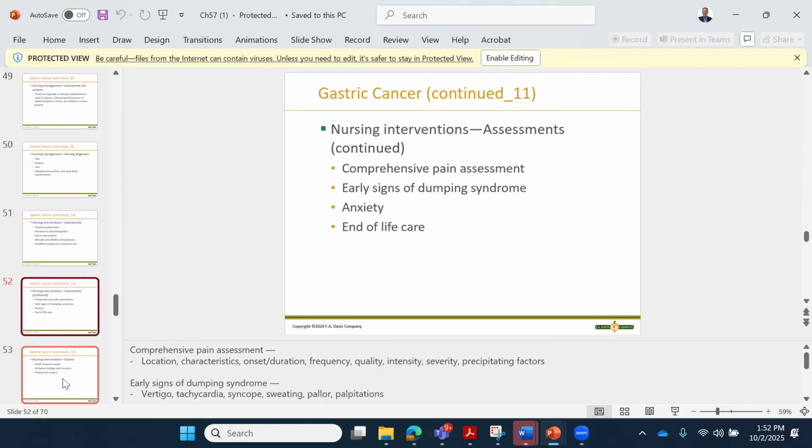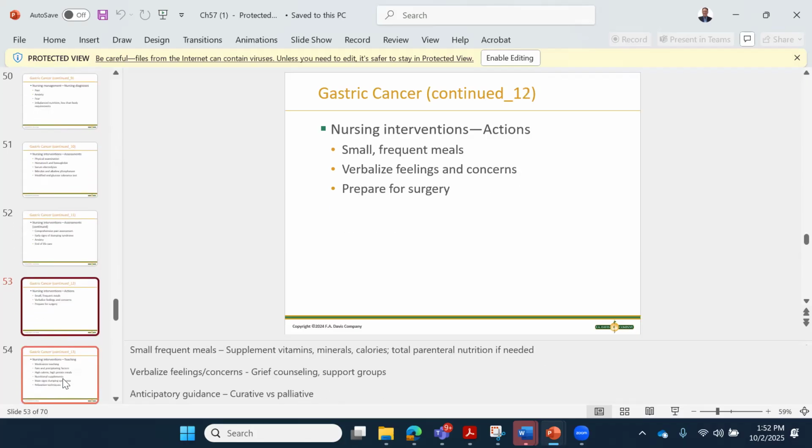Also, it goes into the assessments of looking at the location, characteristics, onset, duration of pain, frequency, quality, intensity, and any precipitating factors. Look for early signs of dumping syndrome, including vertigo, tachycardia, syncope, sweating, pallor, and palpitations.